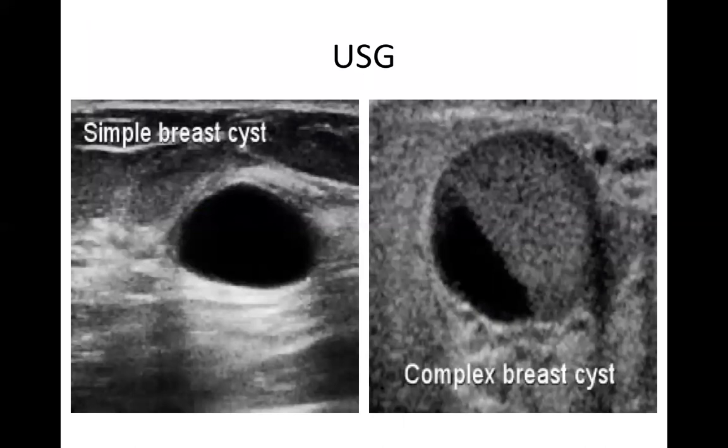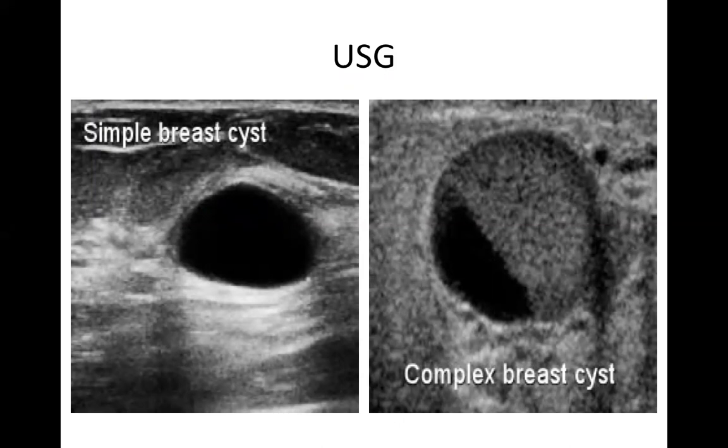So this is the ultrasonography of how a breast cyst would look like. A simple breast cyst is completely black in color, while a complex breast cyst will have both the solid and the cystic component.